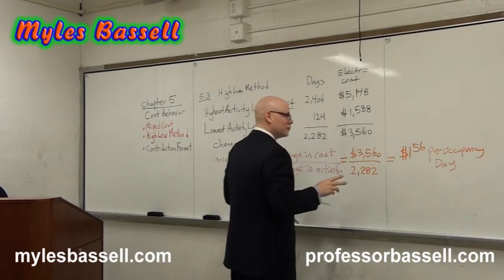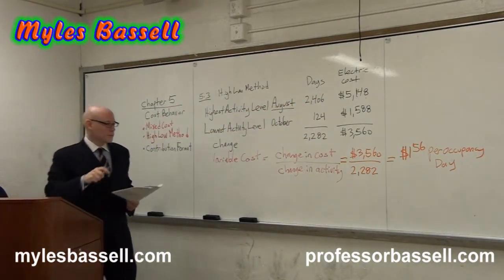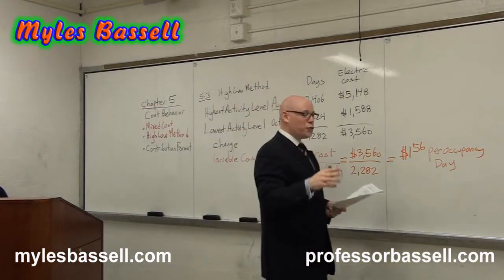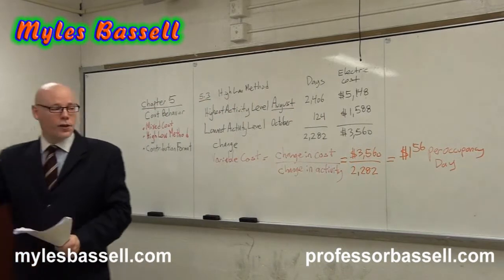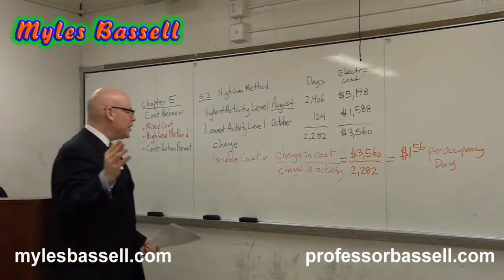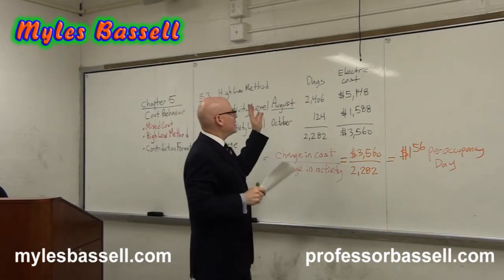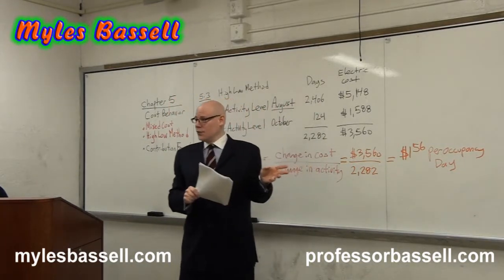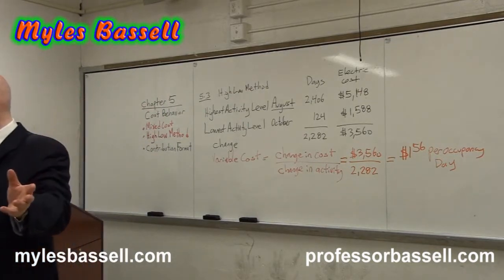Now, there's a reason why we did this. Because what we're trying to figure out, remember with the previous examples, is, well, what happens if the activity level is 2,800 days, or 3,800 days, or 4,800 days?